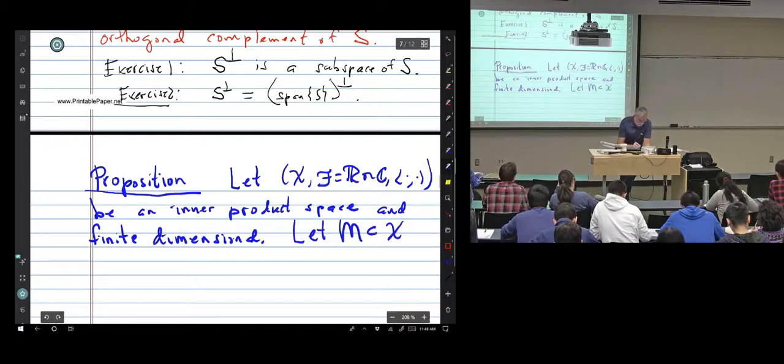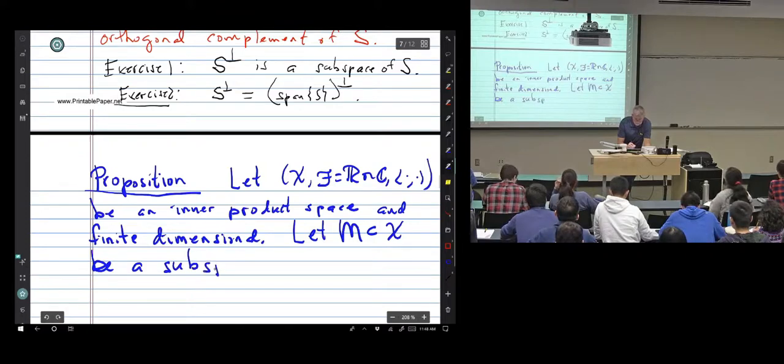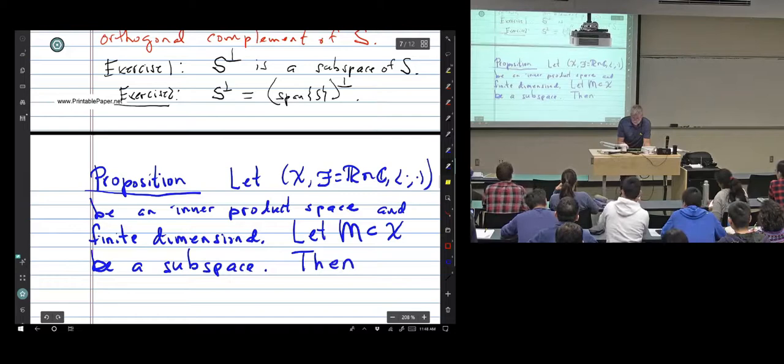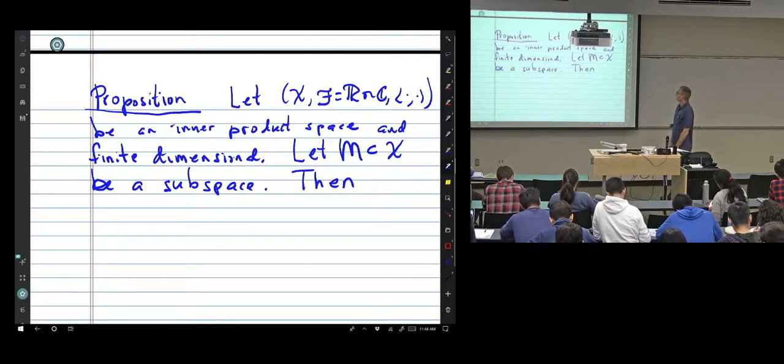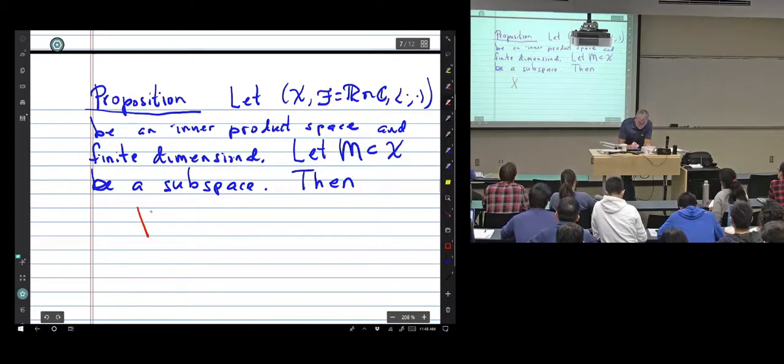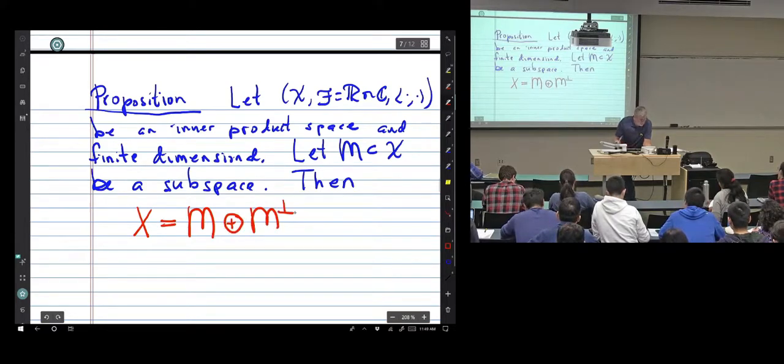Let M contained in X be a subspace. Then X can be decomposed into a direct sum of M and its orthogonal complement.